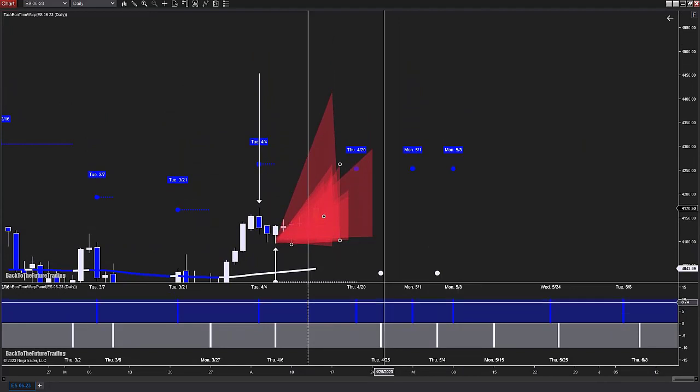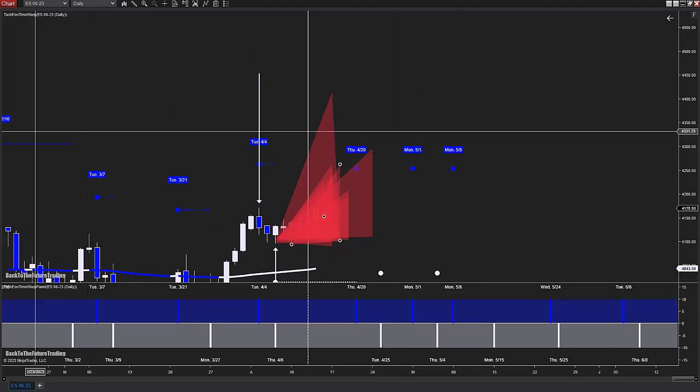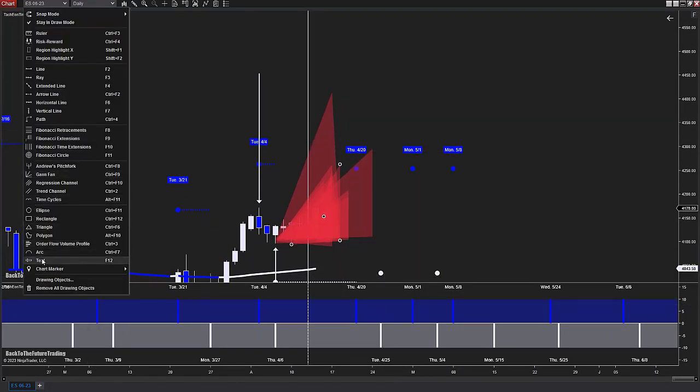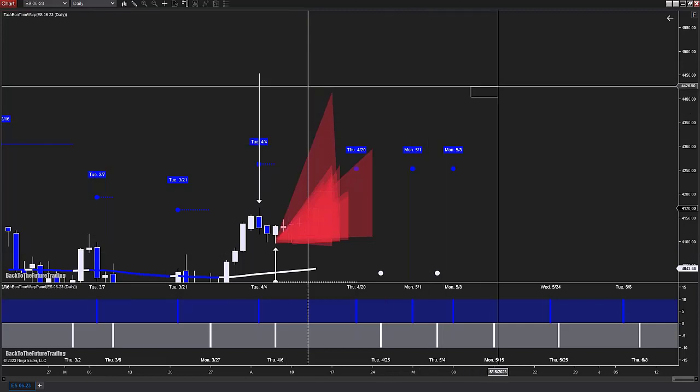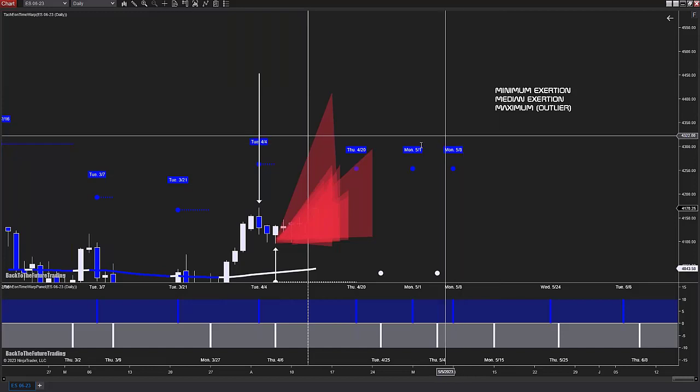Inevitably, when you do an exertion analysis, David, there are 3 levels that will appear. A minimum, a median, and a maximum. Call it the outlier, the weirdo move.